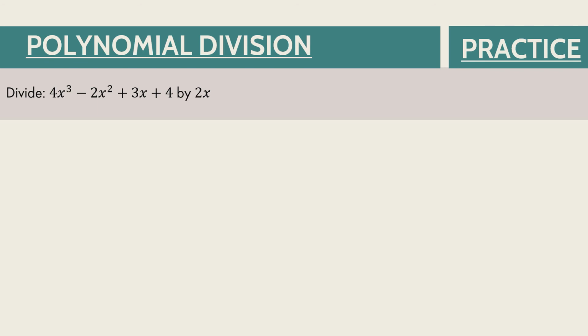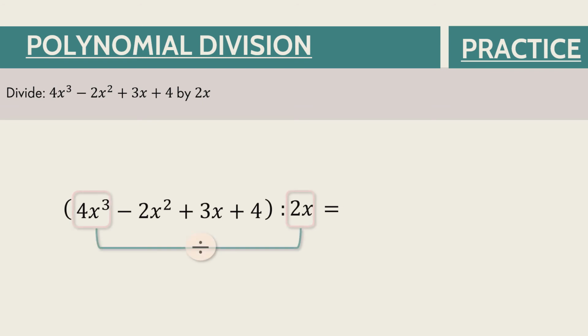Let's have some practice. We divide 4x cubed minus 2x squared plus 3x plus 4 by the monomial 2x. Again, we divide the first term. 4x cubed divided by 2x. The answer is 2x squared.